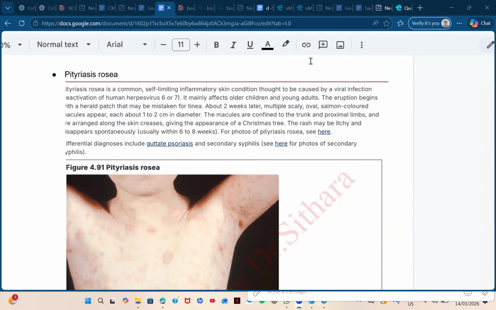Pityriasis rosea is a common self-limited inflammatory skin condition thought to be caused by viral reactivation of human herpes virus 6 and 7. It mainly affects children and young adults. The eruption begins with the herald patch and may be mistaken for tinea.